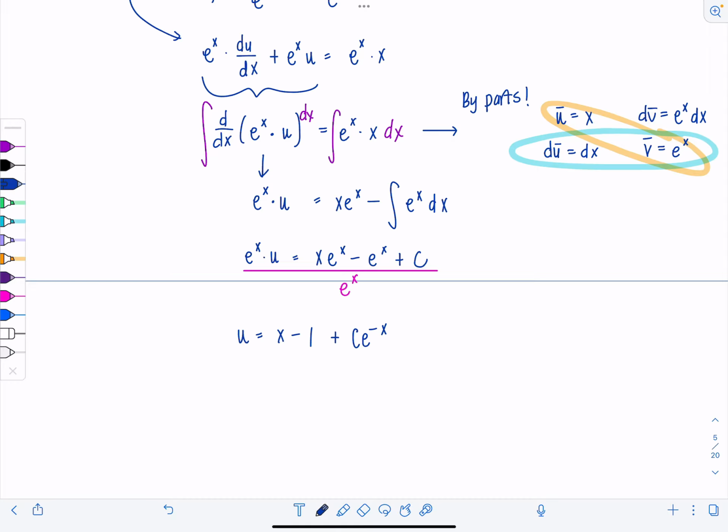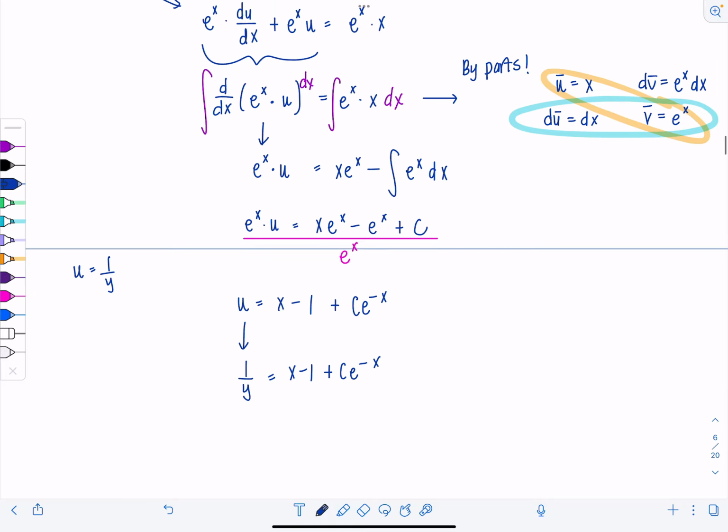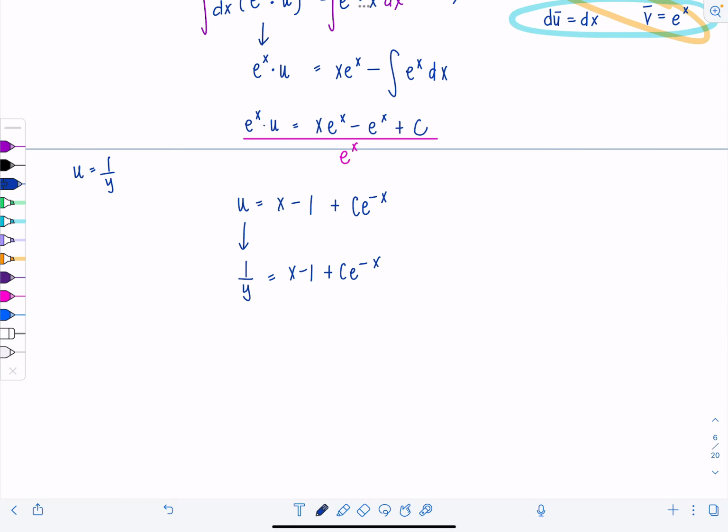We're not done, because remember, we made a change of variables, and we let u equal 1 over y. So now we've got to go back and replace it. So that means 1 over y equals x minus 1 plus c e to the negative x. And then to solve for y, I can just take the reciprocal of both sides, right?